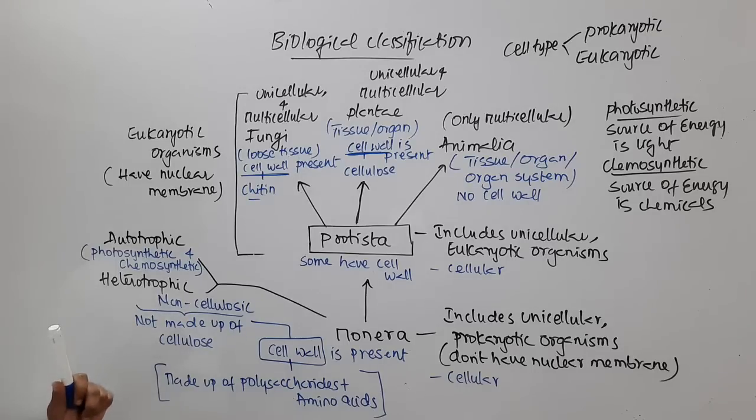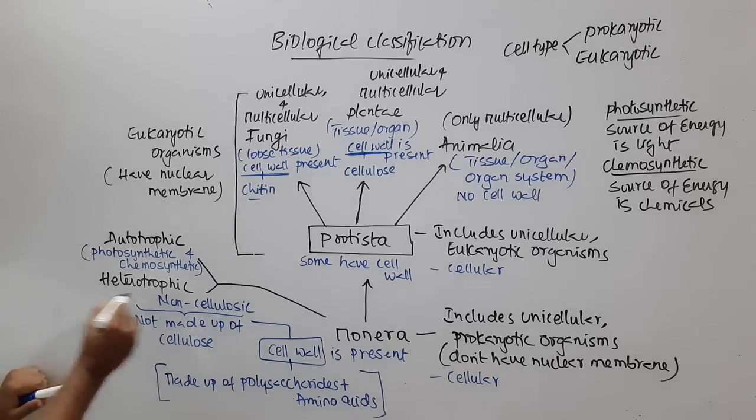Both are autotrophic, so they will be synthesizing their own food materials. Chemo means chemicals, photo means light. This one uses light for synthesizing food materials, and this one uses chemicals as a source of energy to synthesize food materials.